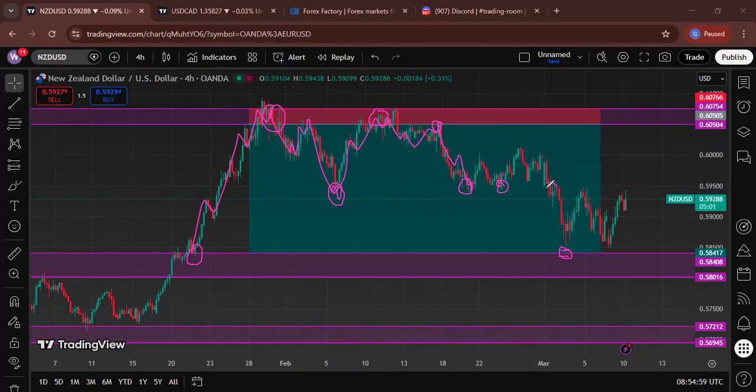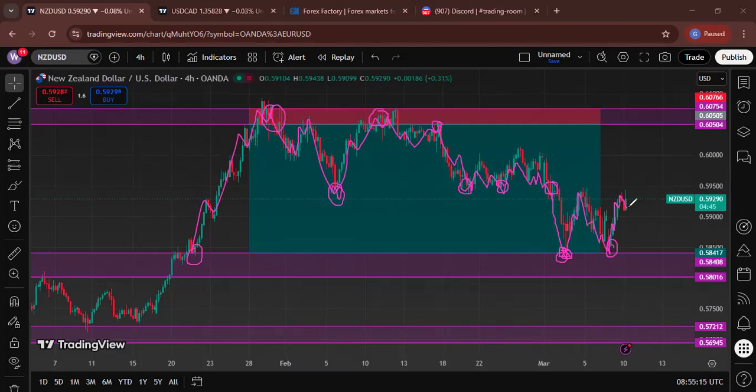Then price breaks, there's consolidation, breaks below, pushes all the way down to this demand, that range is filled. Then a push to the upside, price comes back to retest demand, then now you're seeing this push to the upside.